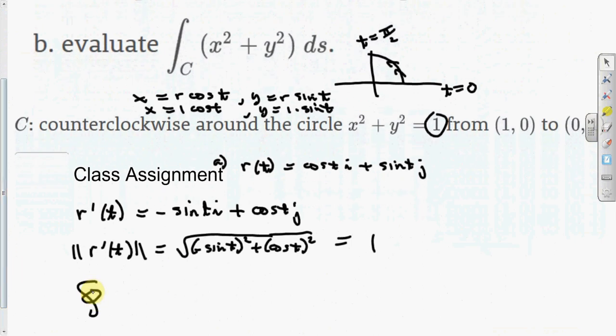So this line integral, t goes from 0 to pi over 2. This is x squared plus y squared. I have to have that x squared plus y squared. That's cosine squared t plus sine squared t.